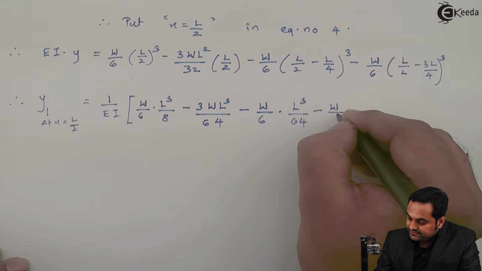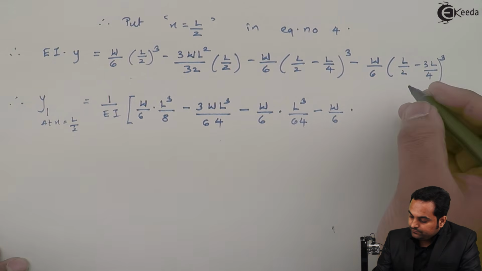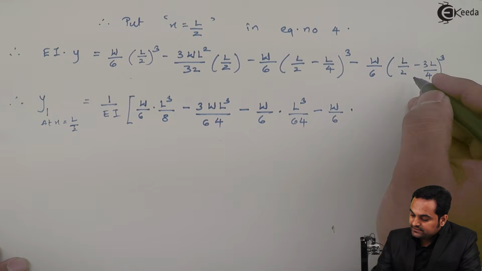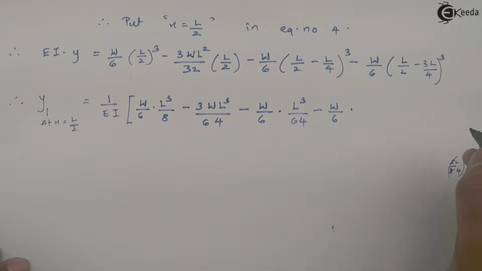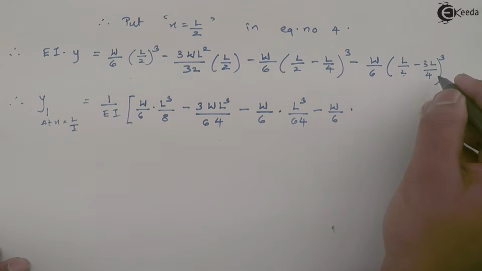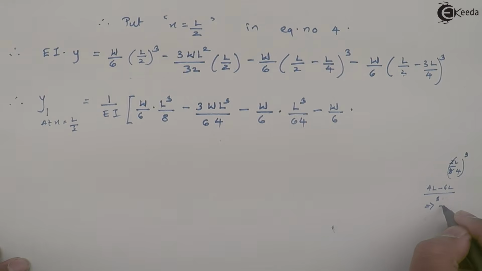Minus W by 6 into, then here we have 4L minus 6L, upon 2 into 4, that is 8. So that is minus 2L by 8, and it is cube.